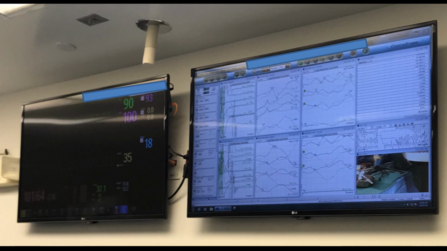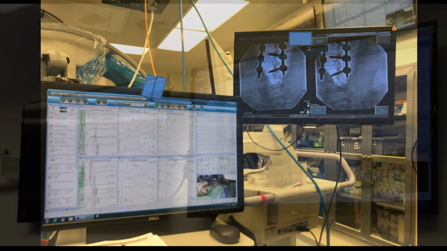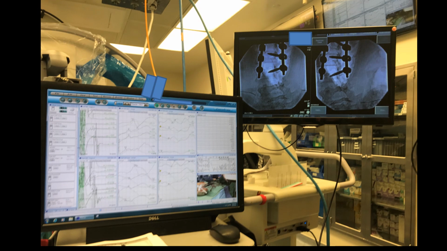The operating room is an impressive place. This is the view from the surgeon's perspective of the electrodiagnostic screen. And this is the view from the neurophysiologist's perspective. This screen is smaller than the screen that is facing the surgeon.